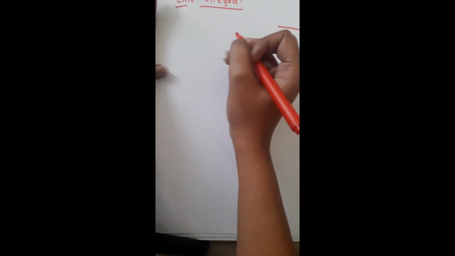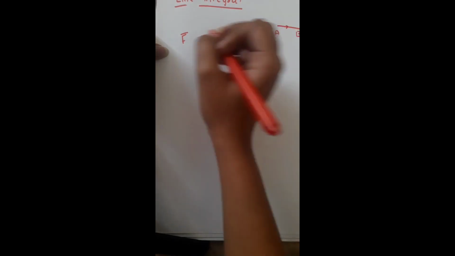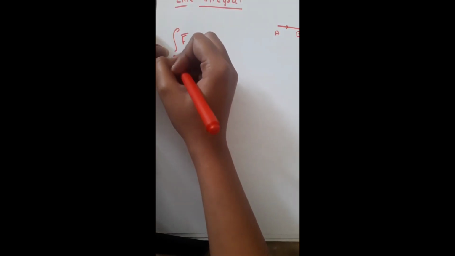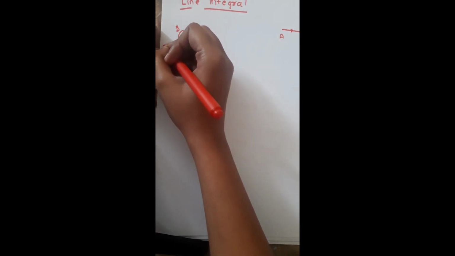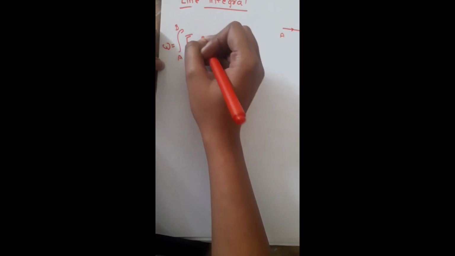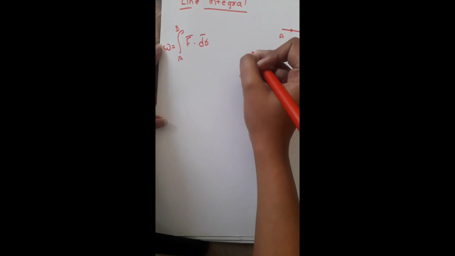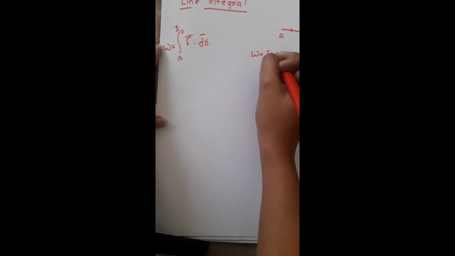For example, if a force vector F bar is acting in some direction, then the force acting on a particular arc, over a distance along the arc AB, would be integration from A to B, and our work done would be integration of F dot dr vector. We already know that work done is nothing but force into distance.